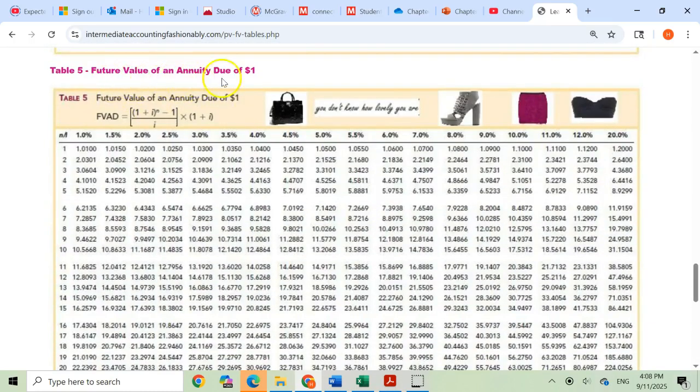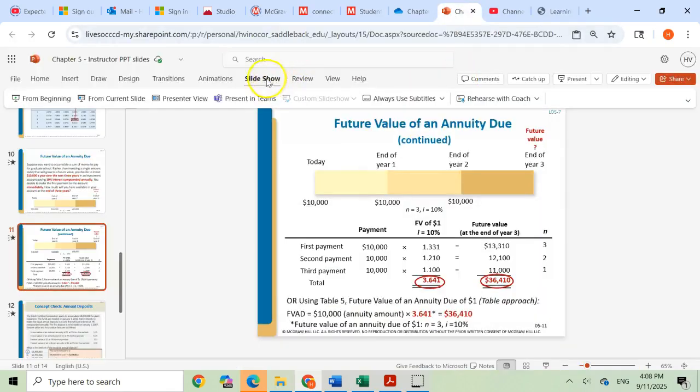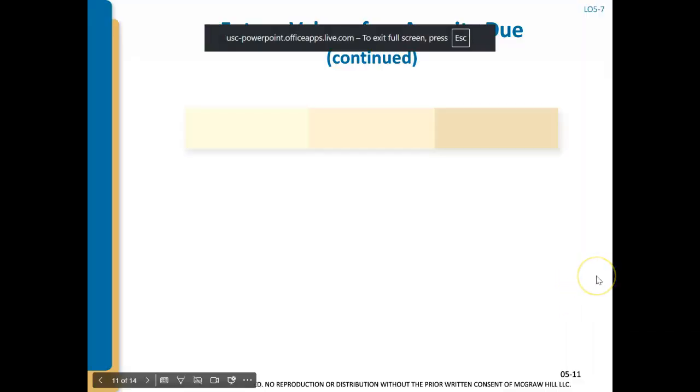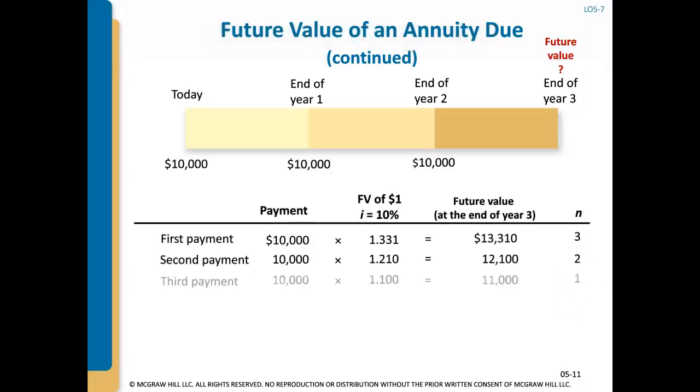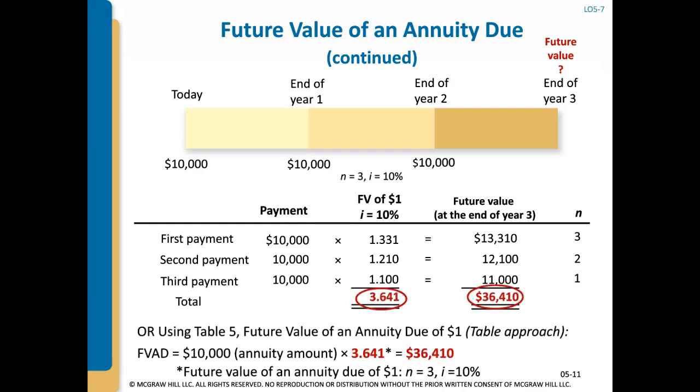Future value of an annuity due for n equals 3, because we have 3 periods, at 10% is 3.6410. And I go back here, and I just multiply $10,000 times the 3.641 factor, and I get that same amount.